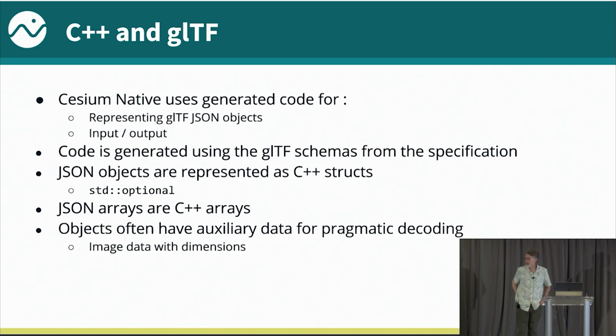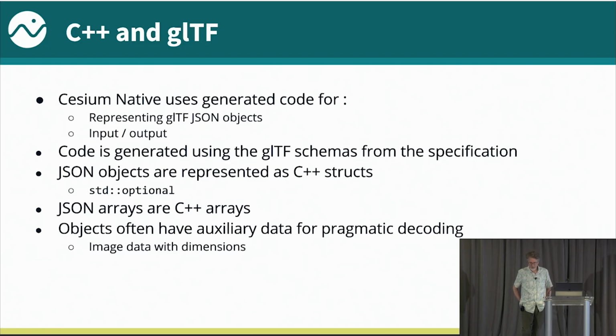And so to get into the C++ and Cesium Native, we generate a whole lot of code based on the schema from the glTF spec. And we generate classes to represent the data as well as code to read it and write it from and to JSON.